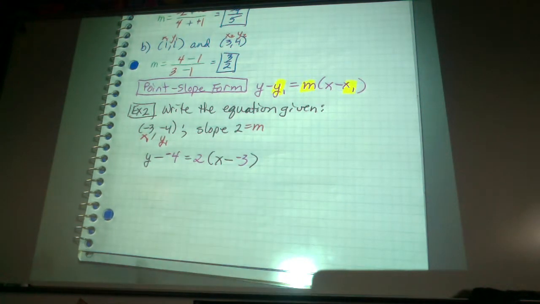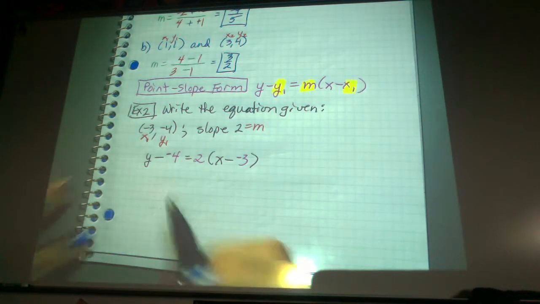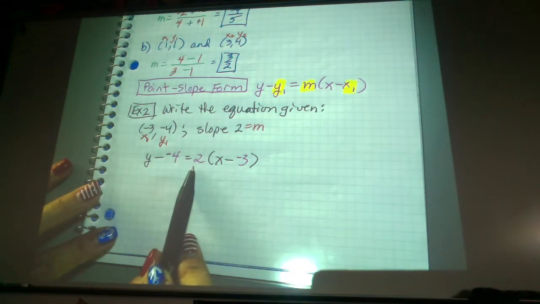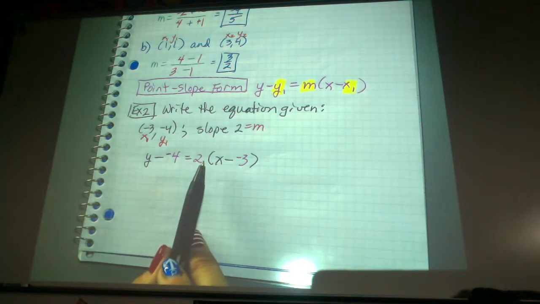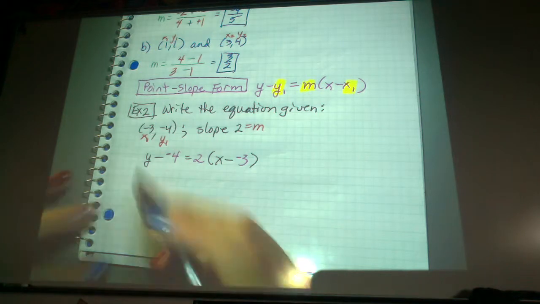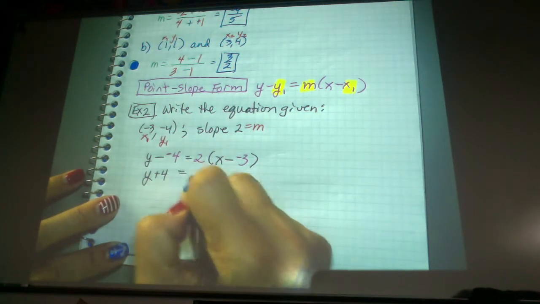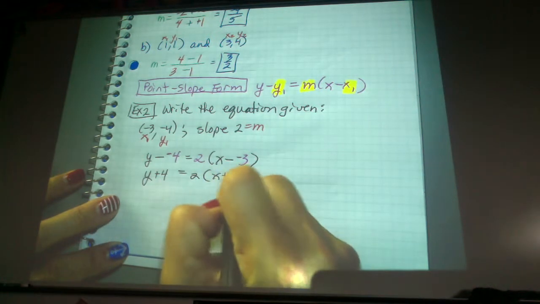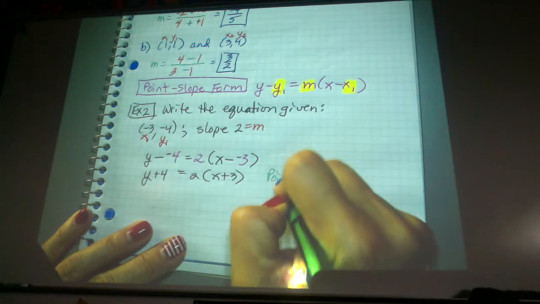So if they wanted it in point slope form, you would take care of any double negatives and any zeros. And if there's a 1 or a 0 here for slope, you'd take care of that. But other than that, you pretty much leave it alone. So we're going to take our double negatives here and write y plus 4 equals 2 times x plus 3. This right here is your point slope form.